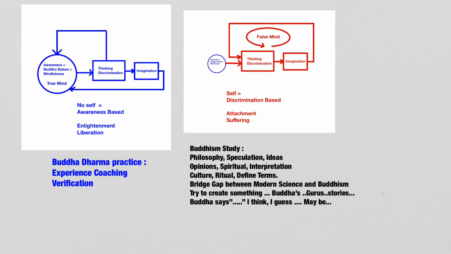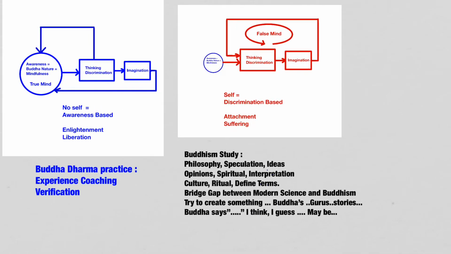Now, the trouble with the human is that we have the awareness, and then from the awareness, because we meet some situations, it gets into the thinking and discriminations, and then it might get the imaginations or not. It is looping by itself. It never goes back to awareness anymore.